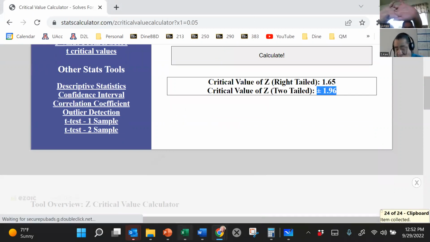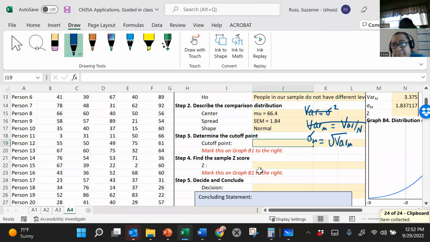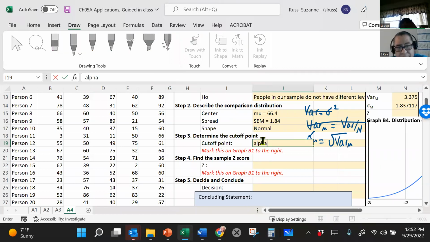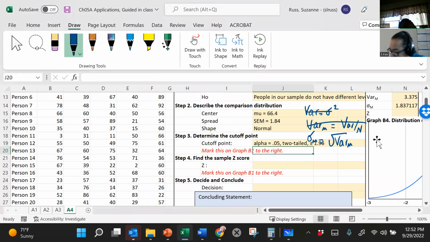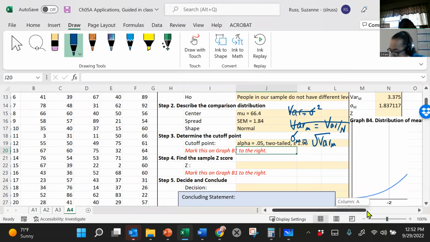So let's put this in. Alpha equals 0.05, two-tailed. And let me paste that in. There we go. Let's draw this on the chart.